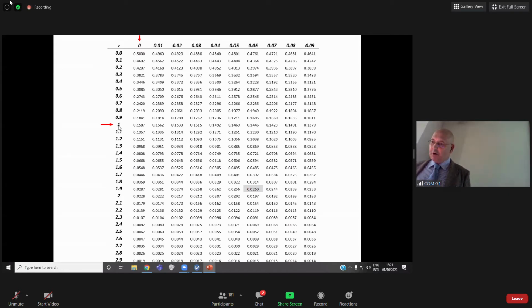I chose 1.0, here's 1.0, but let's say I had 1.1, then I'd be looking down this column here. Okay, and we've got 1.01, 1.02 up to 1.09, and then we go to 1.1, 1.2, and so on. So this is the second decimal place that's given along the top row.